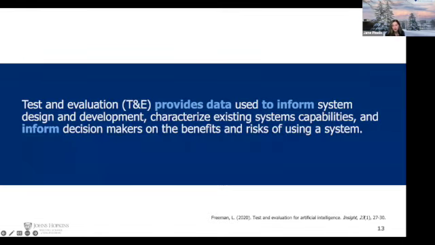Importantly, and I like to really stress this in all my classes, test and evaluation informs system development, informs characterizing the capabilities, and informs decision makers. Test and evaluation is not an area, is not a place, and is not a set of people that decides whether or not the system gets fielded. Testers tend to look like me. They tend to be statisticians. They're not operators.